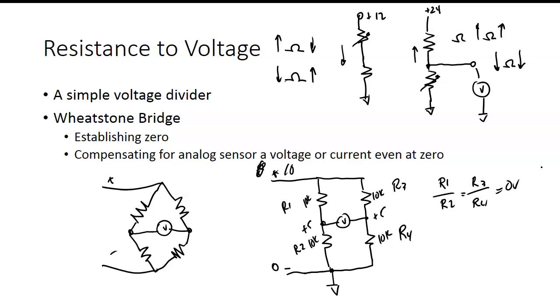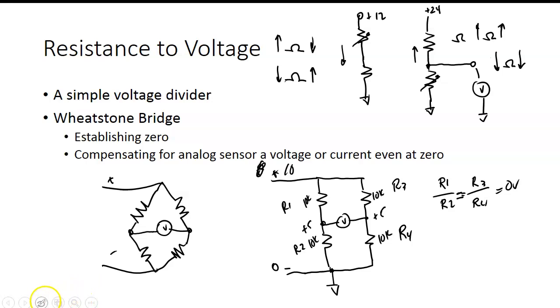I don't care what they are. They don't have to be the same value, they just have to have the same ratio. So if these ratios are the same, the output would be 0. That's if it's balanced. If they're not equal, then we would get a voltage.